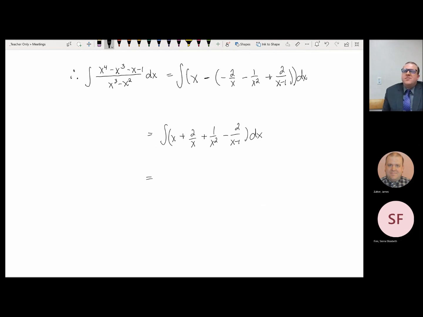Antiderivative of x. Antiderivative of 2 over x: two times the natural log of the absolute value of x. Antiderivative of 1 over x squared.